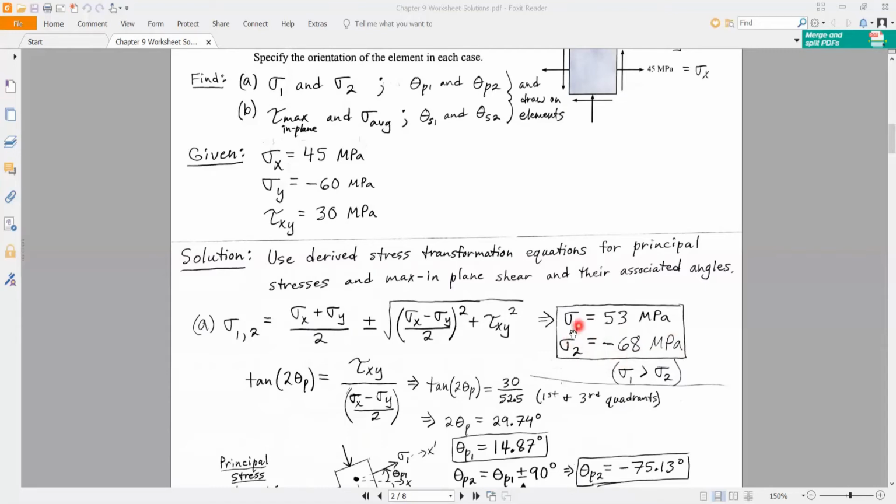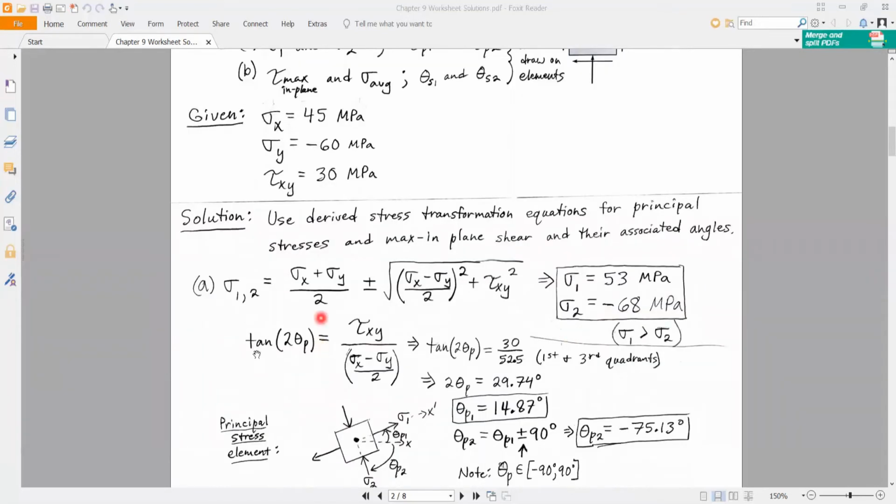The angle at which they're going to occur is coming from this equation. Tangent of 2 theta p equals tau xy over sigma x minus sigma y over 2. Plug in our 30, and sigma x minus sigma y over 2 is 52.5.